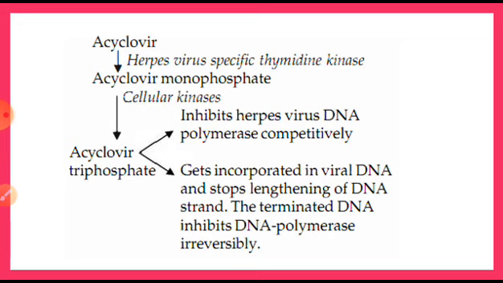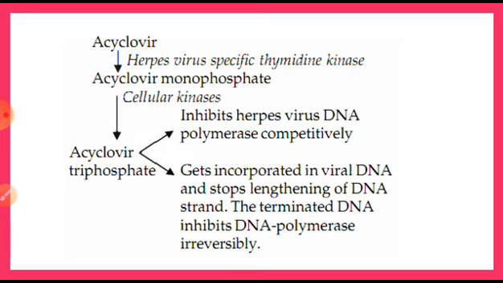Now the acyclovir triphosphate, which has been synthesized, acts as a competitive inhibitor for the incorporation of deoxyguanosine triphosphate, dGTP, into viral DNA. Means acyclovir triphosphate has been formed, which looks similar to the guanosine base. So in place of deoxyguanosine triphosphate, acyclovir triphosphate will bind into the viral DNA, right?